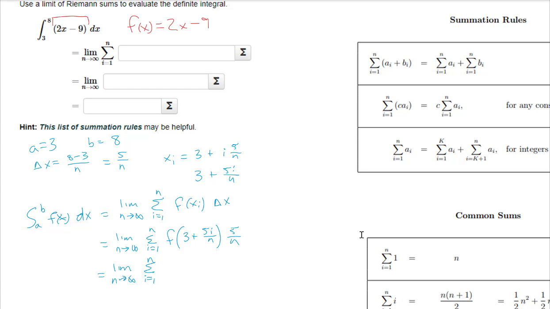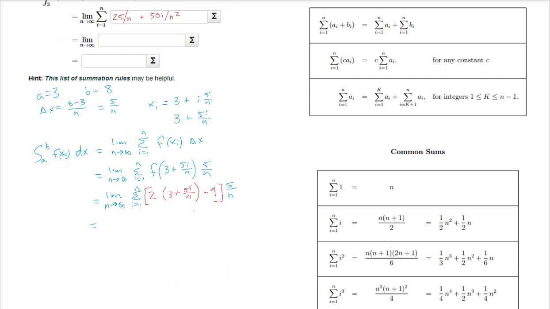So we're just going to plug 3 plus 5i over n in for that x right there. We're going to subtract 9. So that is our f of x sub i. And then we still have our 5 over n. Then simplify this just a little bit.